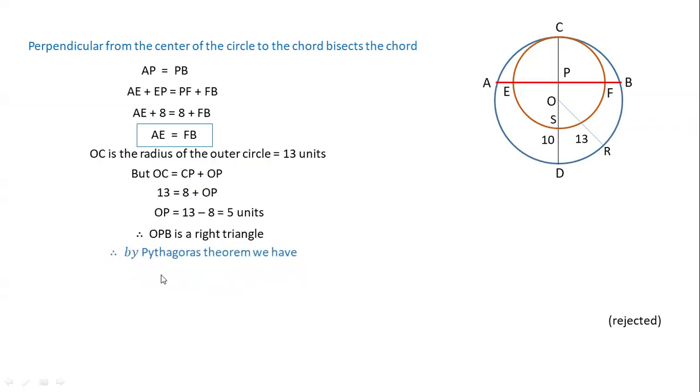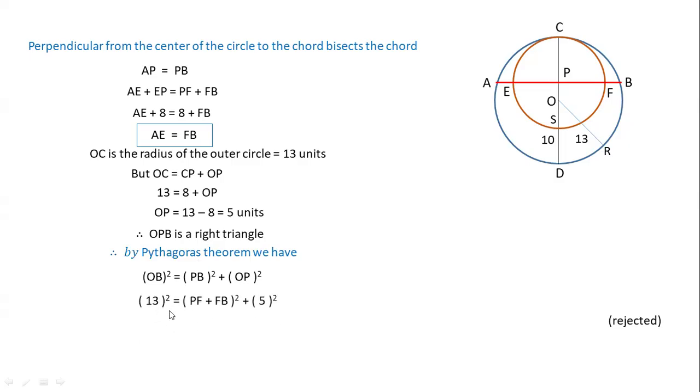So by Pythagoras theorem, OB square, that is hypotenuse square, is equal to the sum of the other two squares, that is PB square plus OP square. But OB is known as 13, and OP you know is 5, which you have just calculated. Let's put the two values.